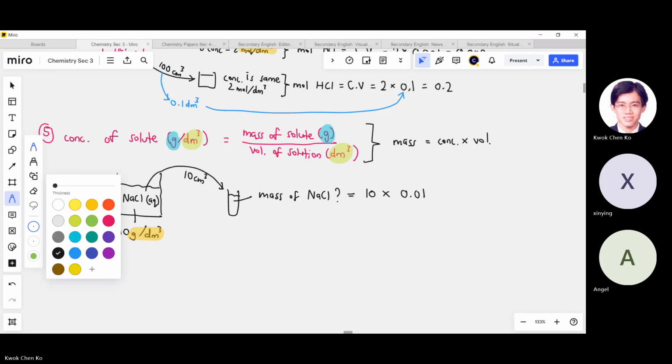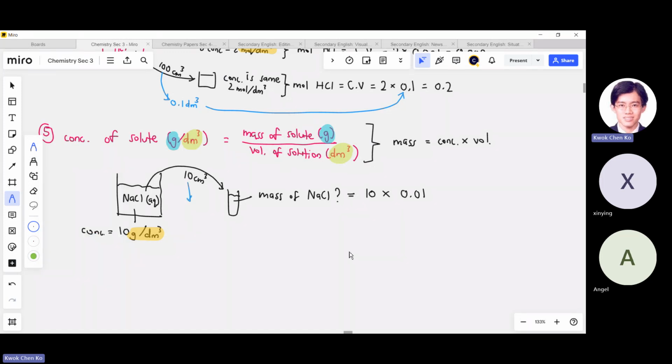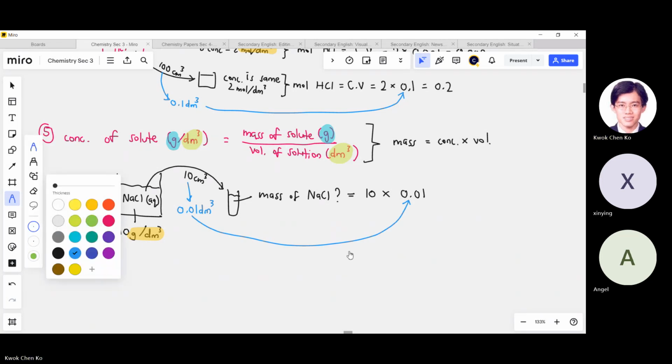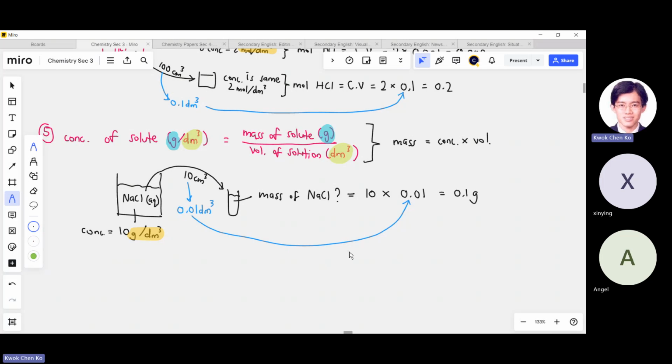Again, make sure you notice 10 cm cube converted to dm cube is 0.01. Substitute this here, and that's it. I get the answer. Don't forget your units.